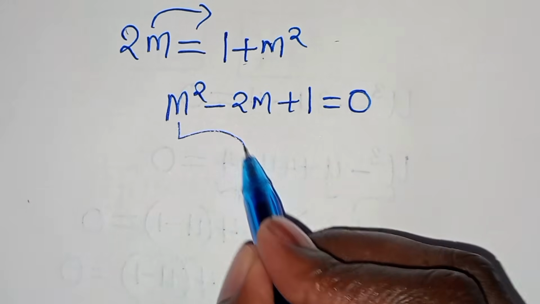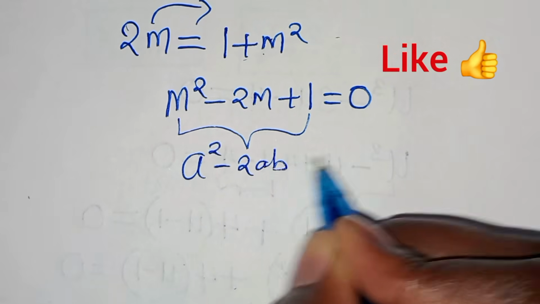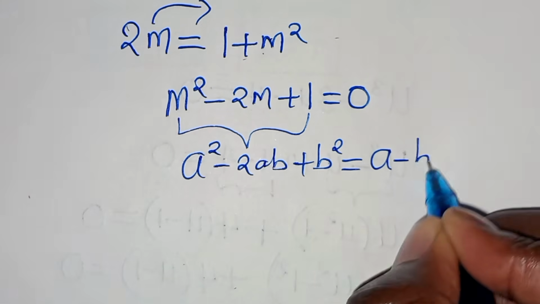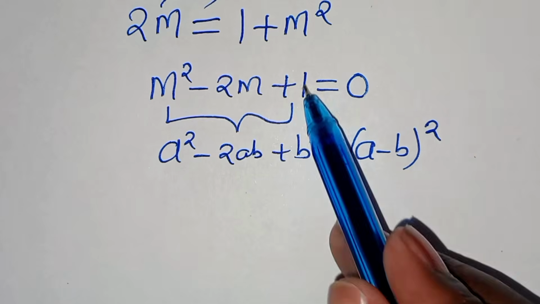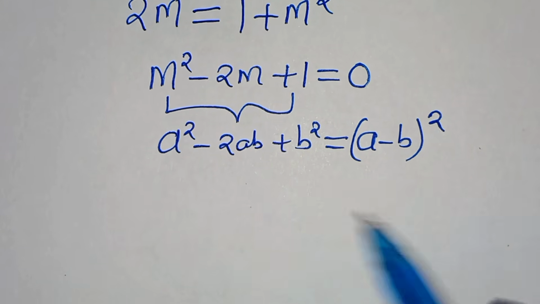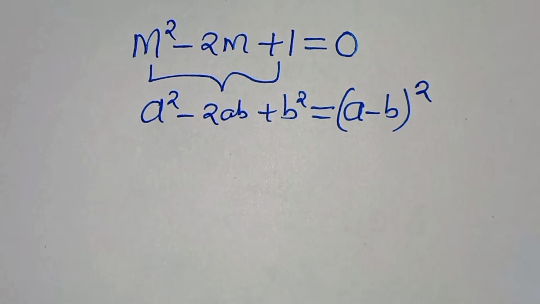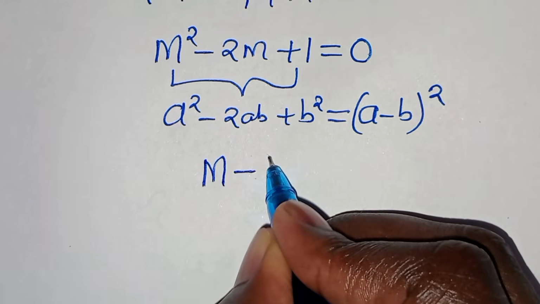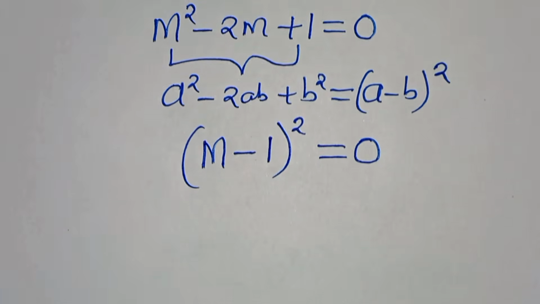Now, this is in the form of a squared minus 2ab plus b squared, which we can express as (a - b) raised to the power of 2. Applying this identity, we have (m - 1) raised to the power of 2 equal to 0.